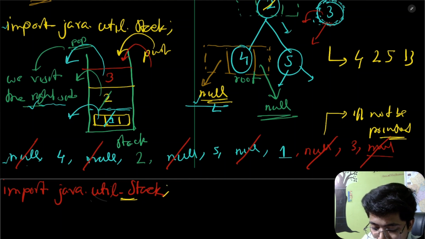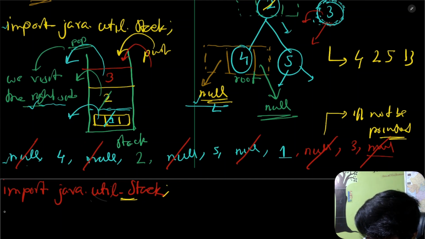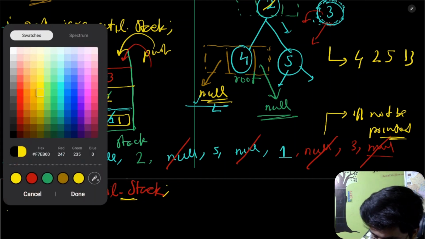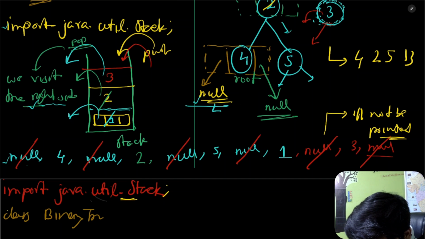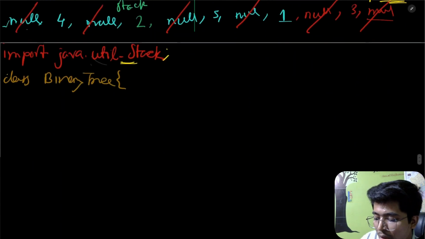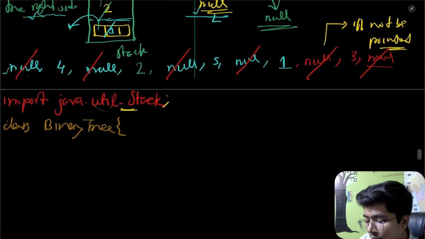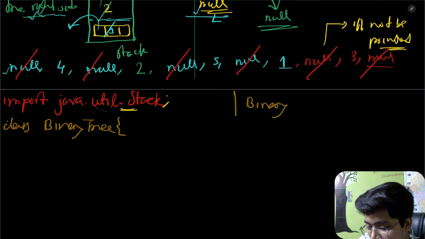Now first we have to implement the binary tree. So previously we have implemented our binary tree class like this: class BinaryTree. So we'll be implementing the binary tree, and before that we have to keep in mind that we should have another file, BinaryTreeNode.java, already declared.